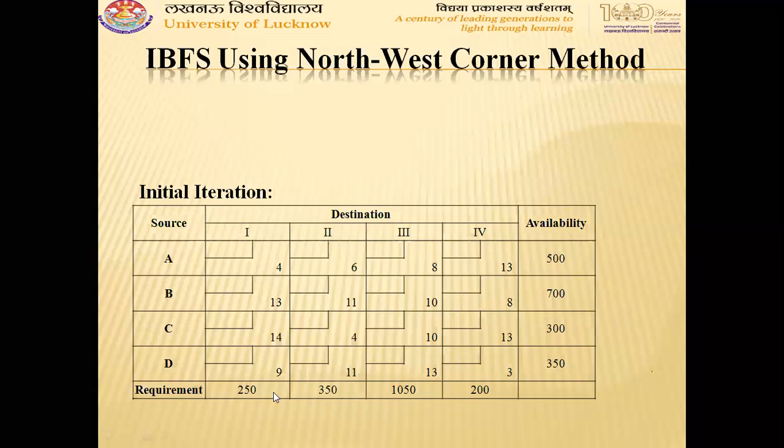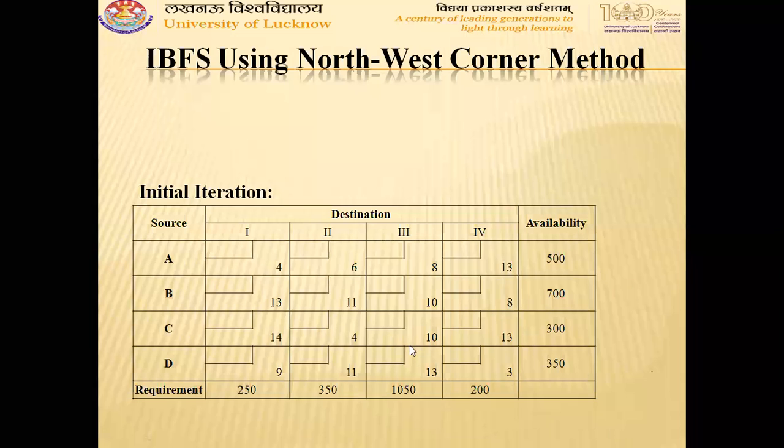And the requirement is 250, 350, 1050 and 200, that will become 1850. That means the total requirement is 1850 as well as the total availability is also 1850. So the problem considered here is a balanced transportation problem, that is, total availability equals total demand, or you can say summation of ai is equal to summation of bj.